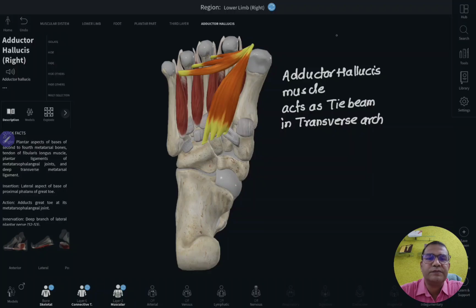The adductor hallucis muscle, which is shown in this frame, acts as a tie beam connecting the lateral and the medial end of this transverse arch. So transverse arch will have lateral and medial end, and the longitudinal arches will have anterior and posterior end. So these two ends, lateral and medial, are connected together by the adductor hallucis muscle.